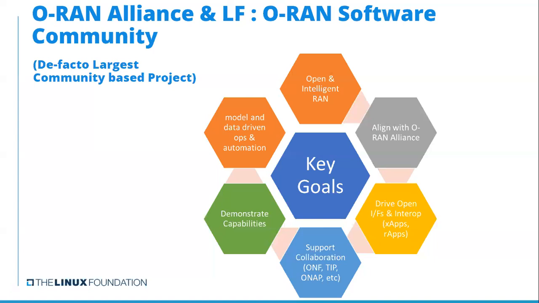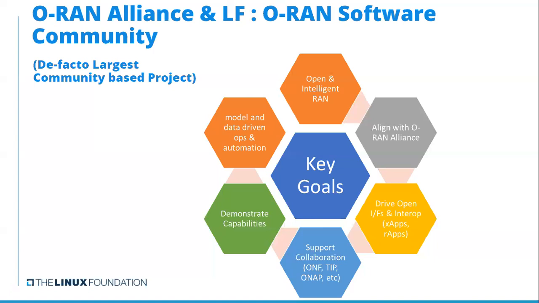So once those things are defined by the ORAN Alliance, ORAN SC's responsibility is to pick up those specs and architectures defined by the ORAN Alliance, and then convert them into software. Once they're converted into software, it can be used to demonstrate the capabilities of the ORAN Alliance specs we are talking about.